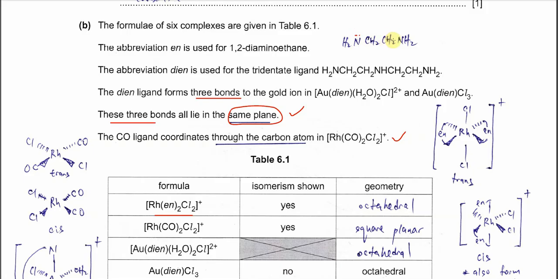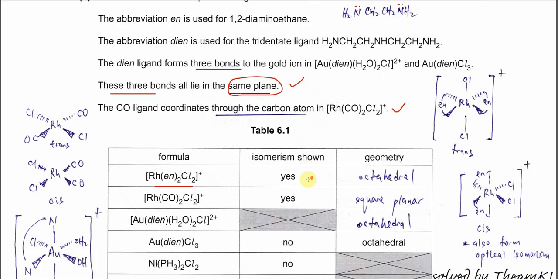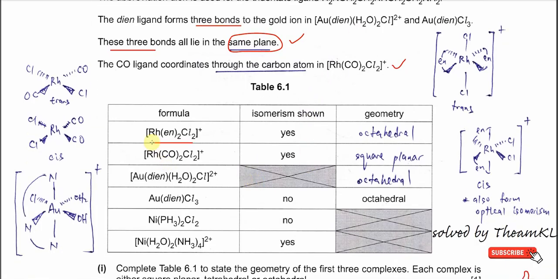We call it 1,2-diaminoethane. It has 2 donor atoms and can form 2 dative bonds. So now this metal cation is going to form 4 dative bonds with the en, because the en in this complex ion has 2, so 2 times 2 is 4 dative bonds. And another 2 dative bonds are from chloride.